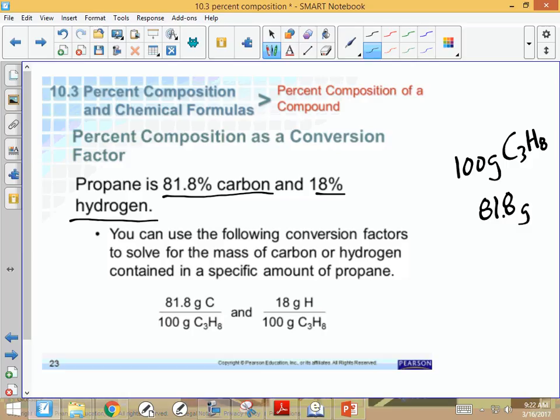It's how percentages work. If I have 100 grams of this, that's 81.8% carbon, and that's 81.8 grams of carbon, right? We're just multiplying by 100.